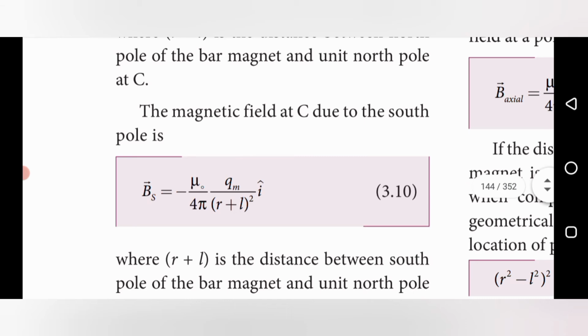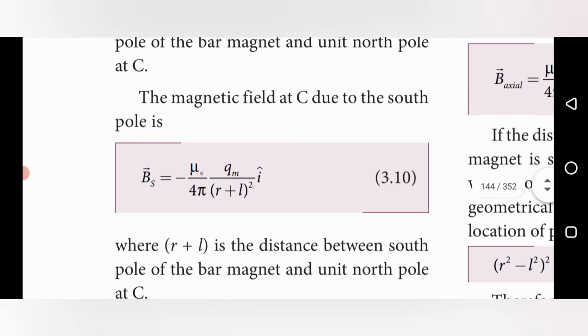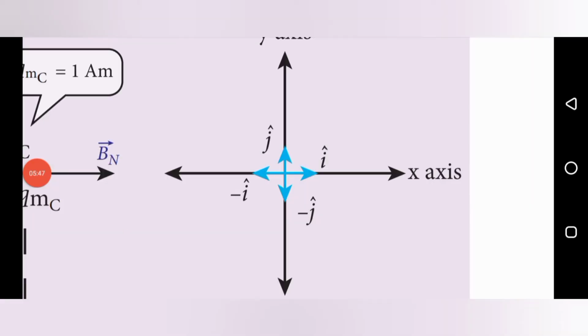Then for the south pole to the point C, we refer to Bs as equal to minus mu naught by 4 pi, Q by (R plus L) whole square. Why are we using the minus sign for the south pole? Just see the components. For the x-axis there are two components involved.